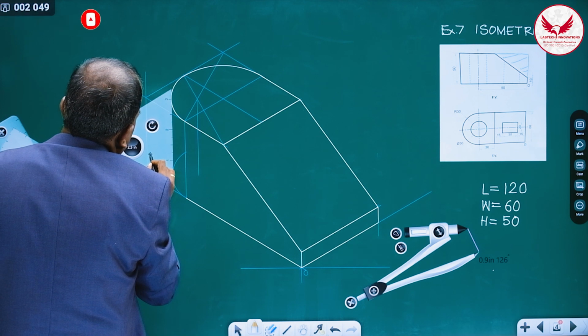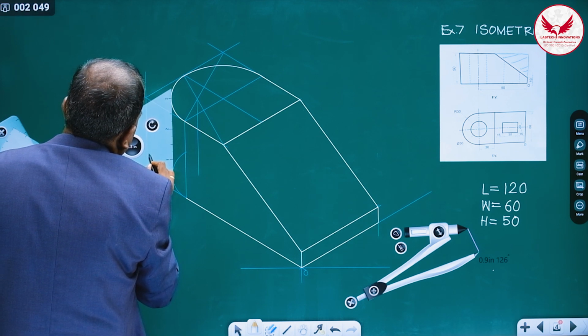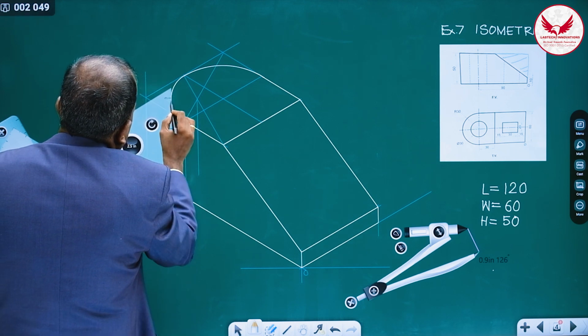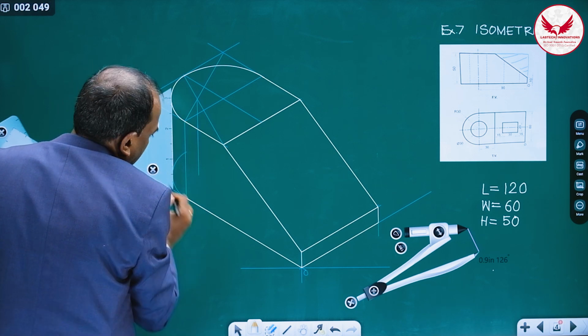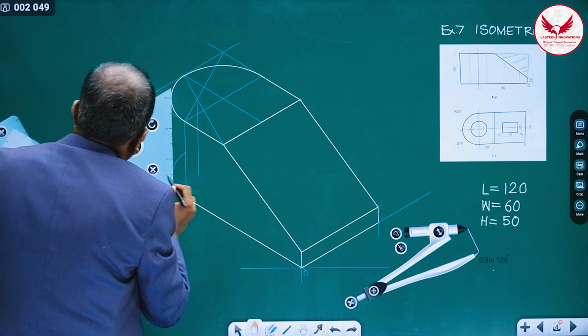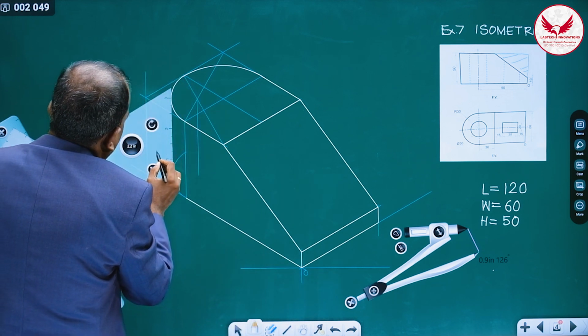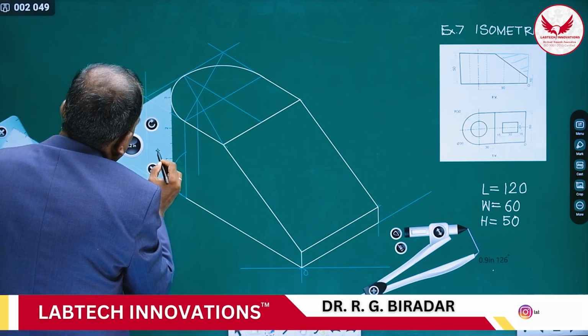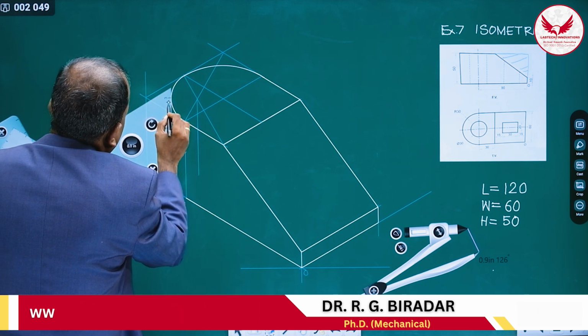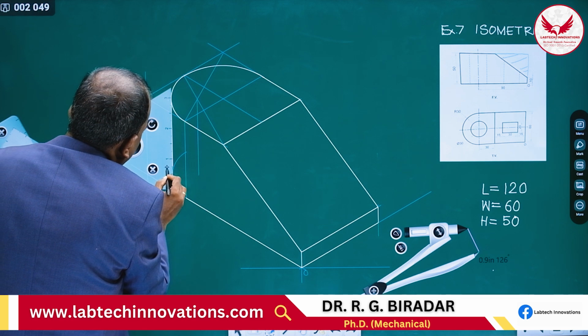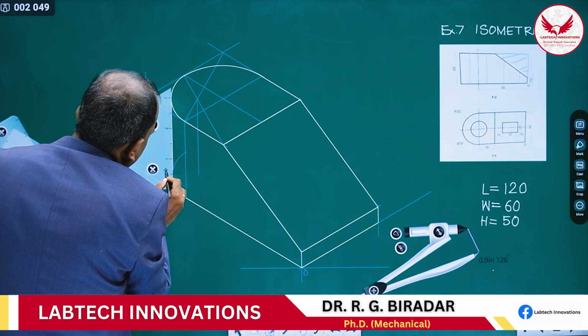It should touch both the circles like this. If it is perfectly vertical, definitely it will touch this also and this also.